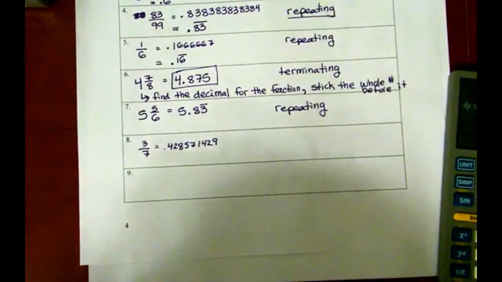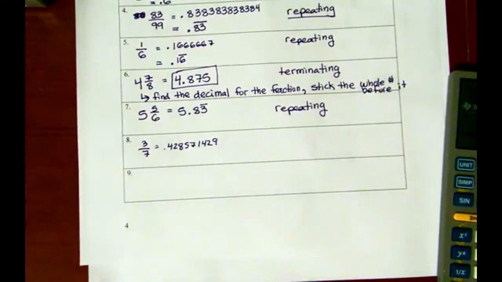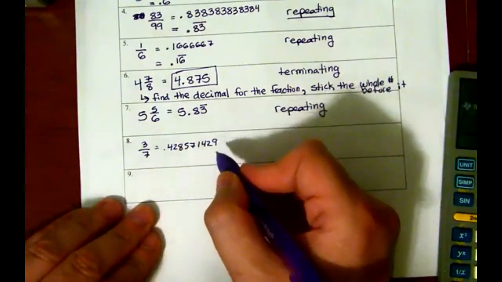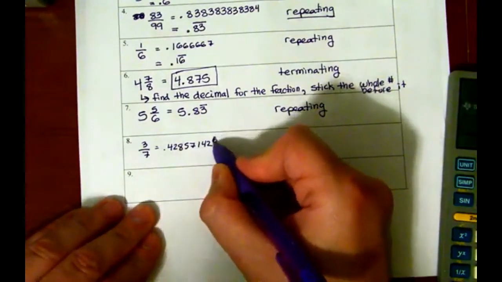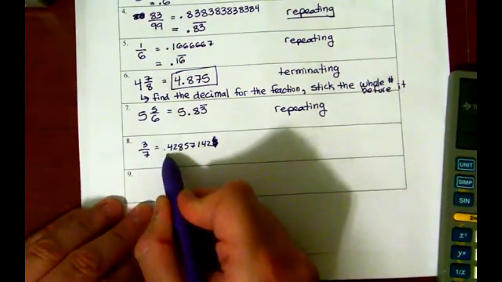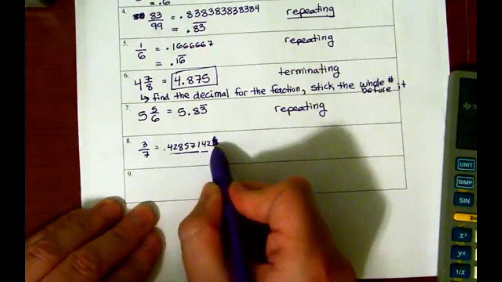This is kind of weird. What do you think? Terminating or repeating? Let's see. First thing I'm going to do, I'm going to ignore that 9 at the end, because that could come about from some rounding. Let's see, 0.428571. Yeah, that 9 was really an 8 rounded up.